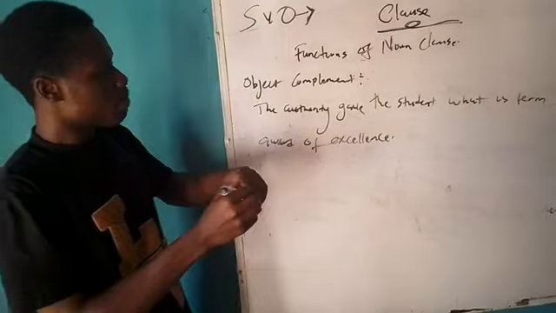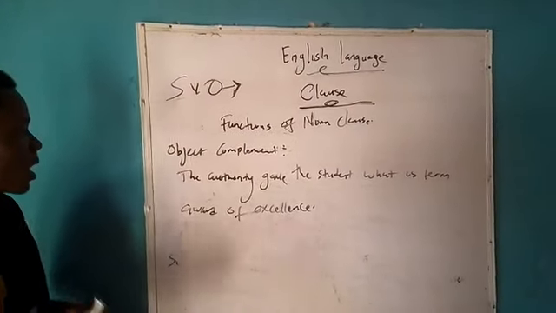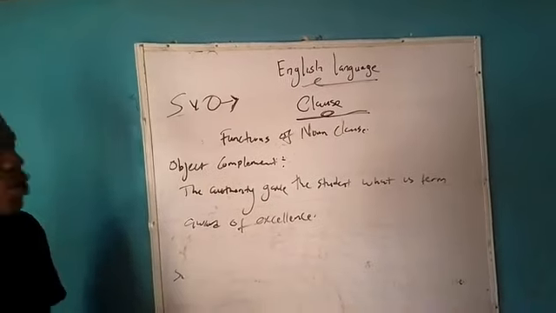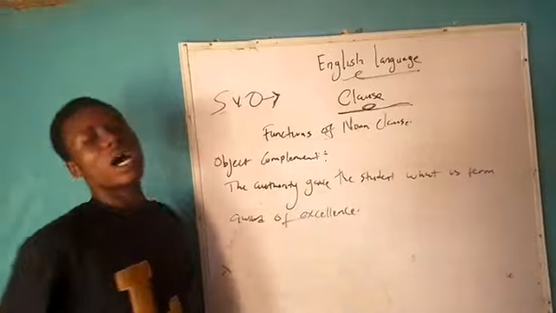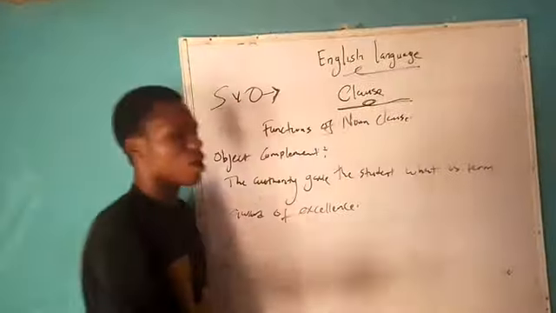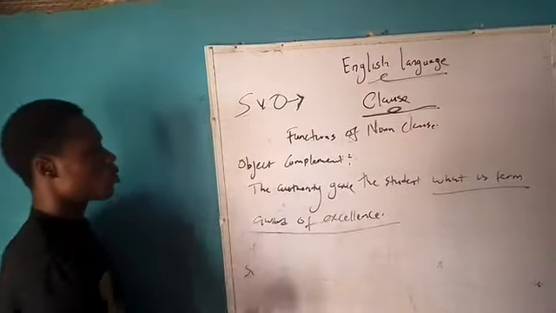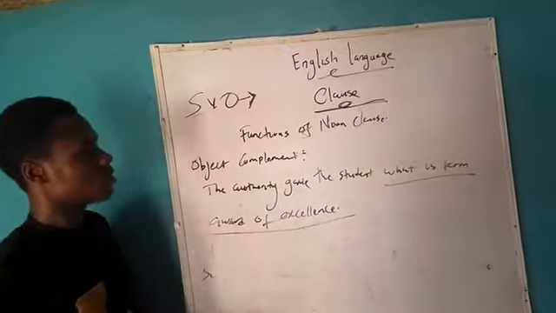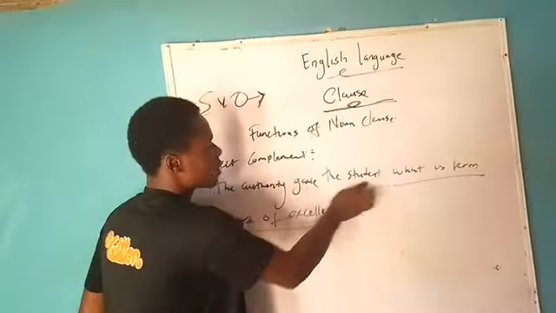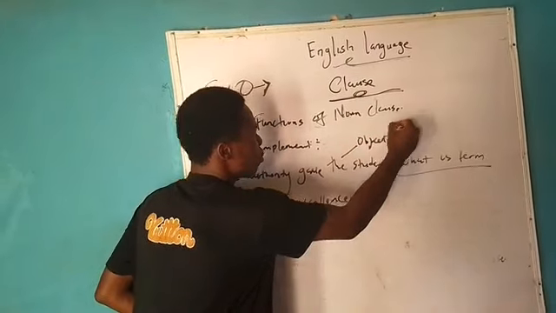The authority gave the students what is termed award of excellence. When you look at this sentence very well, the authority is our subject. Gave is our verb. Then the students is our object. And what is termed award of excellence is our noun clause. And you can see it is coming immediately after the object.